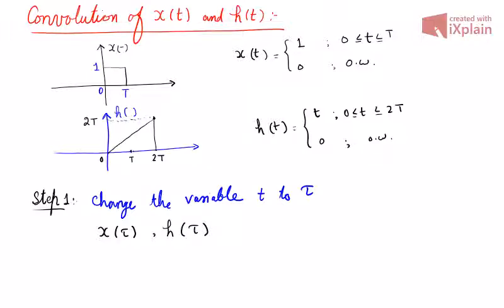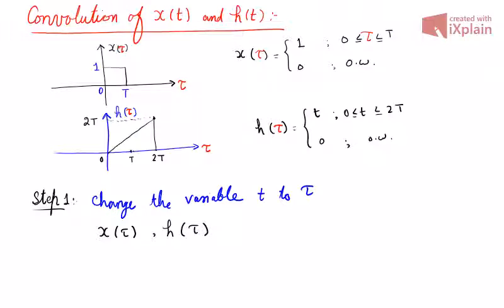So let me change these variables. X of tau would look like this. It's the tau axis now, and h of tau is the same. The definition is the same, but instead of t, we are using the tau variable now. So we have tau, x of tau here, and it appears here also.